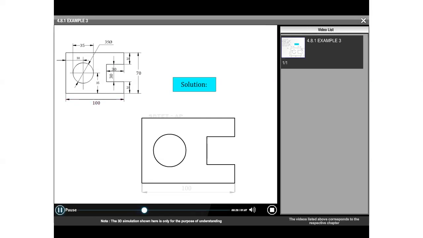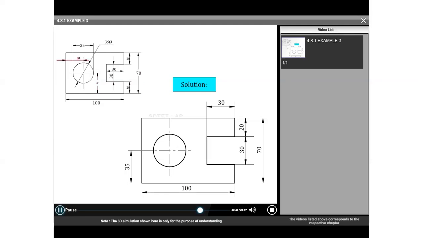Represent the dimensions in an aligned manner. Keep the symbol for diameter prior to the numerical value.